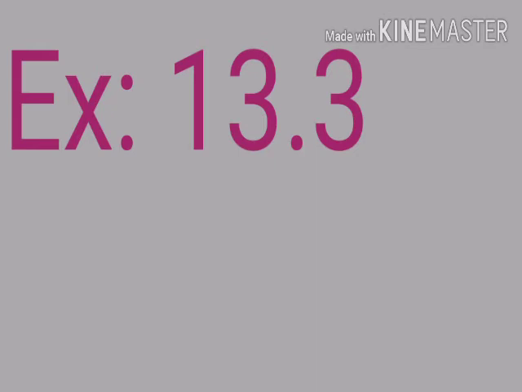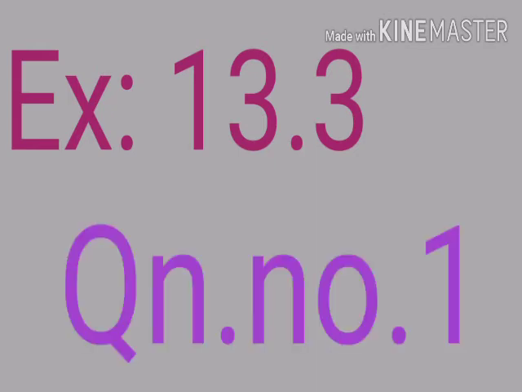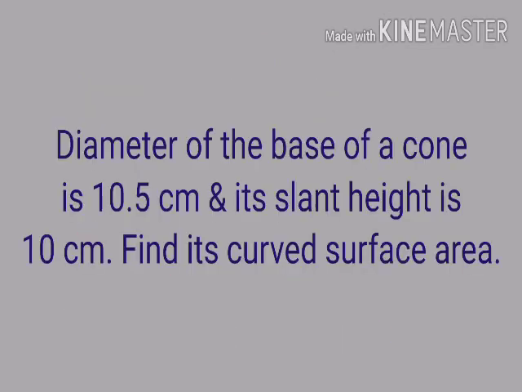Exercise 13.3, question number 1. Diameter of the base of a cone is 10.5 centimeter and its slant height is 10 centimeter. Find its curved surface area.